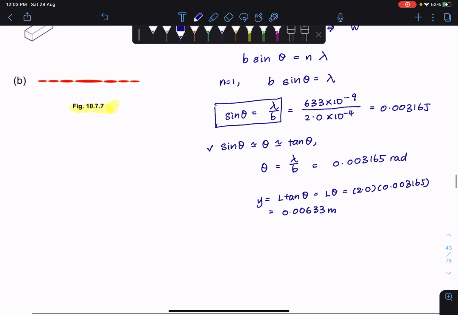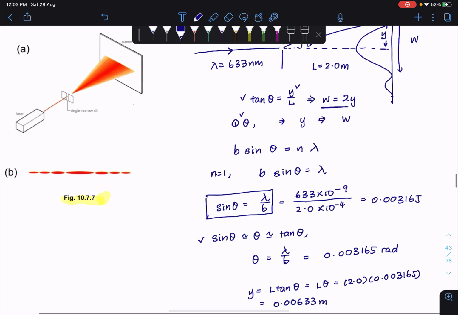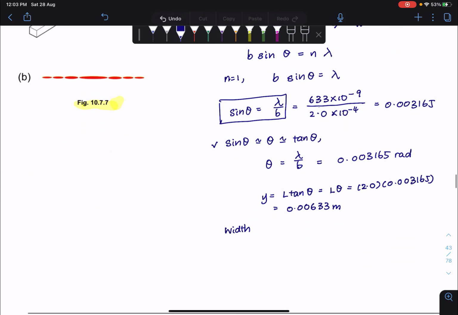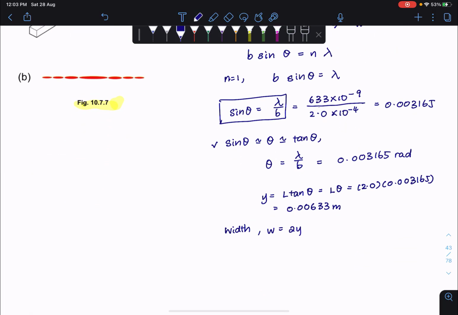With that, we can easily find our width, because our width is actually 2 times y. So width W is 2y, and that gives me 0.00633 meters times 2, and then converting it into millimeters, you will get 12.7 millimeters.